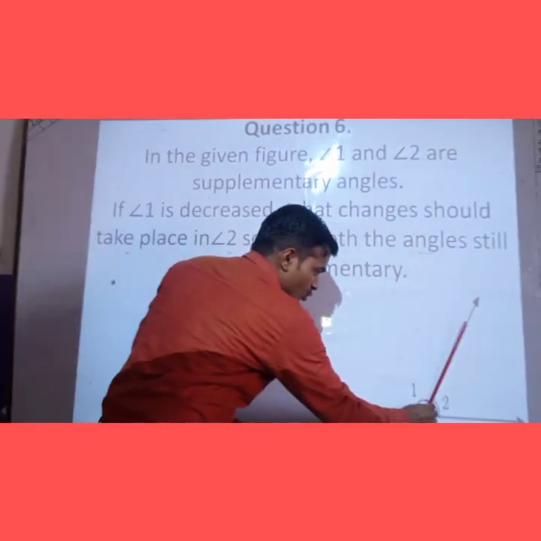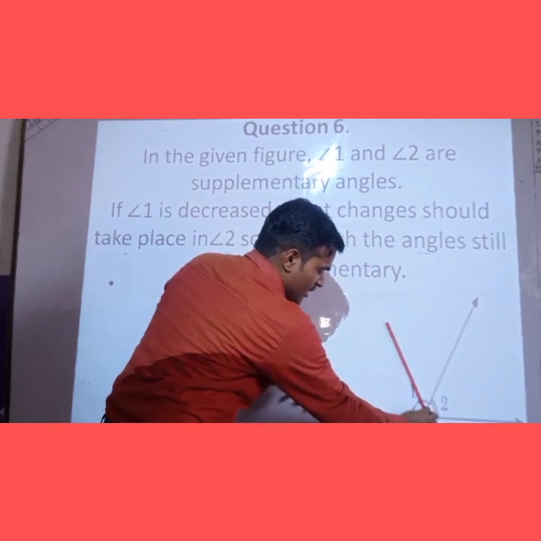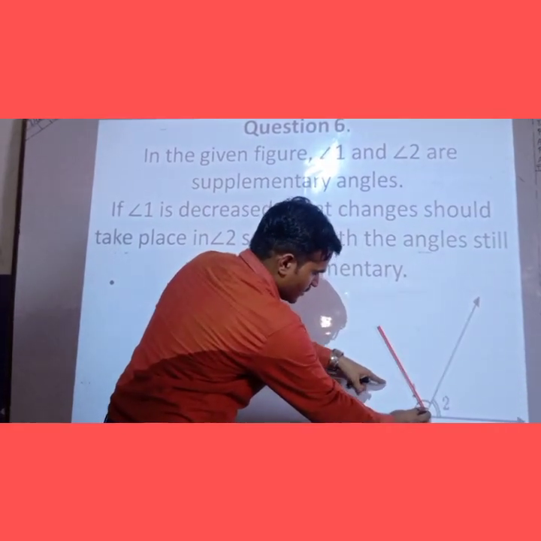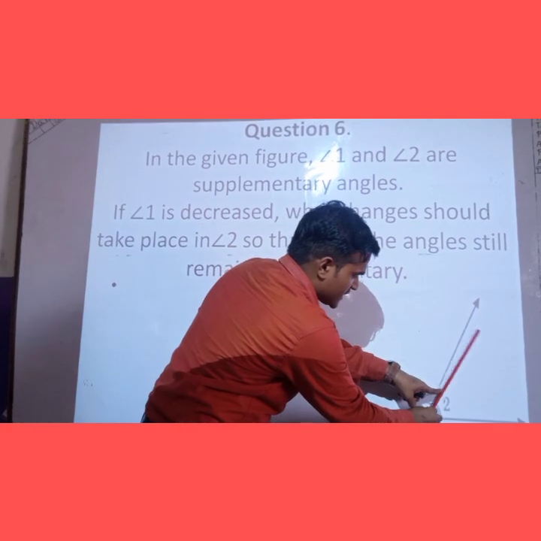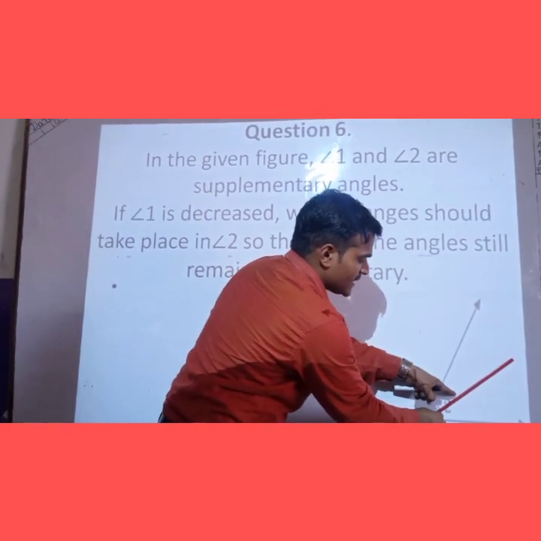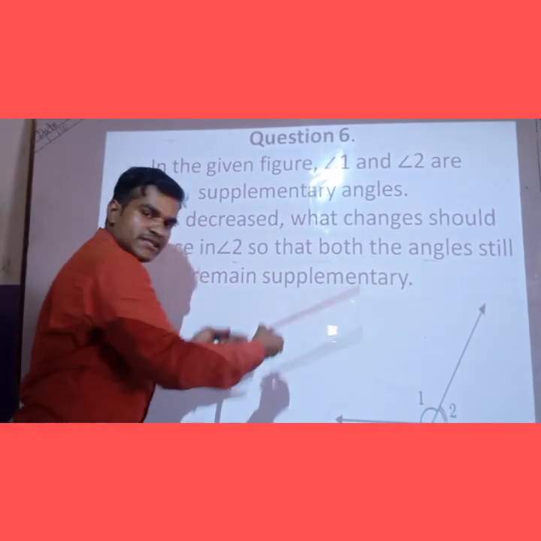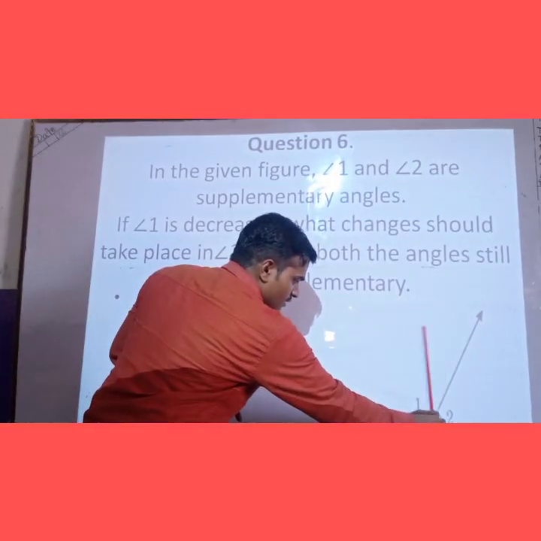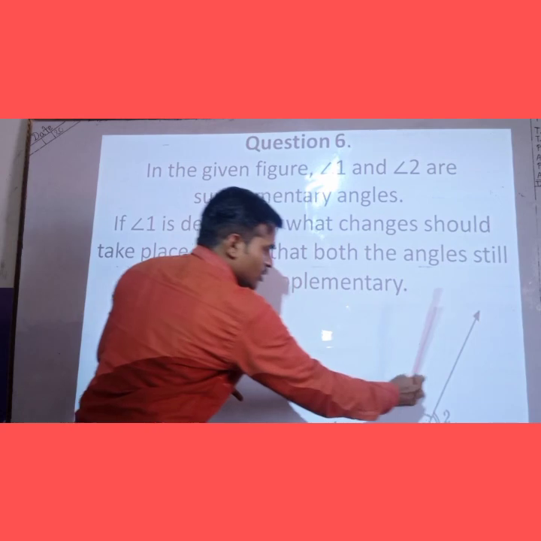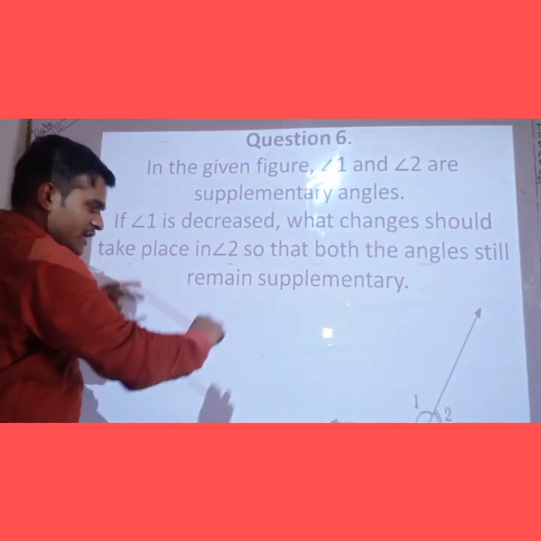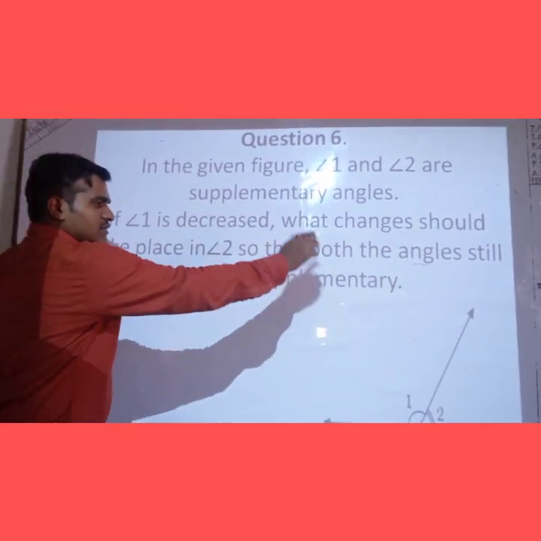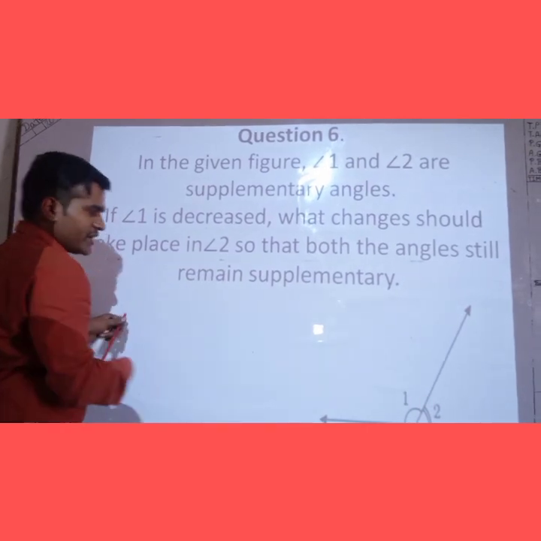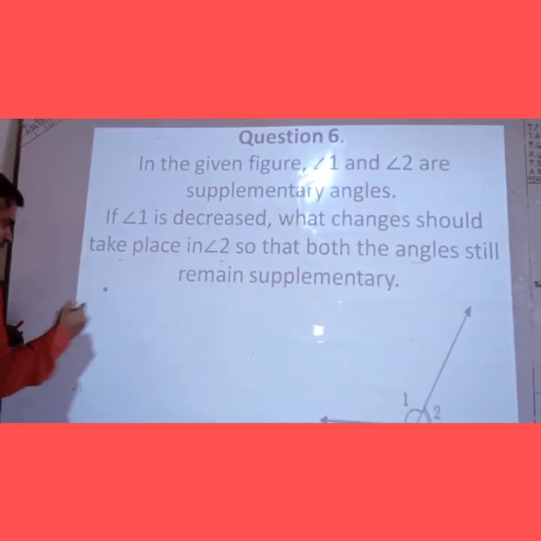If angle 2 is decreased, then angle 1 is increased, and they remain the same. As much as angle 1 is decreased, that much angle 2 should increase so that the angles remain supplementary. So what will we write in the solution?